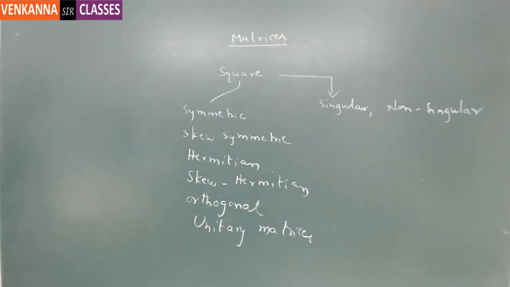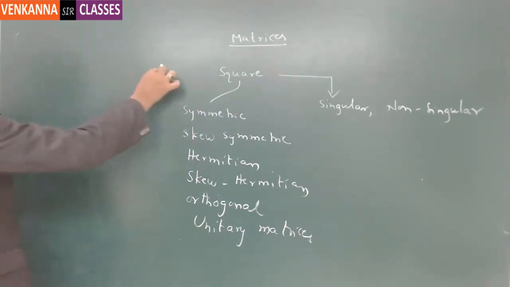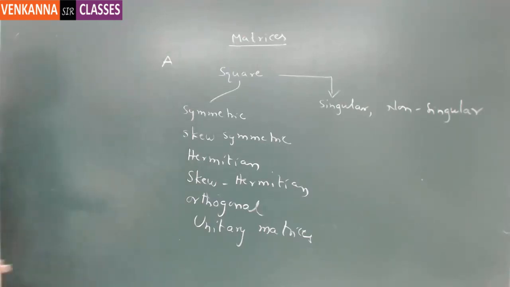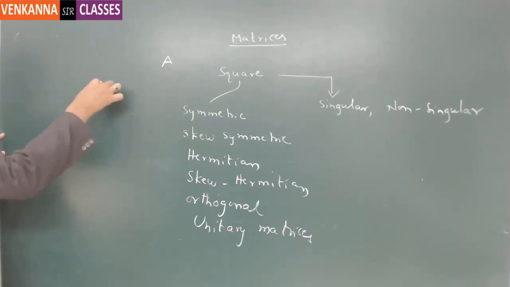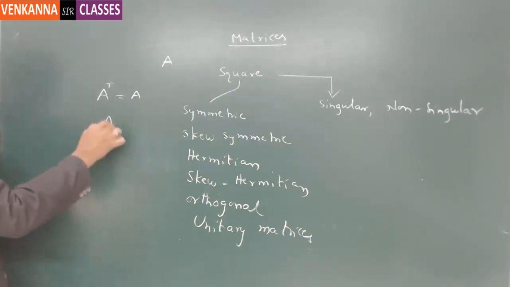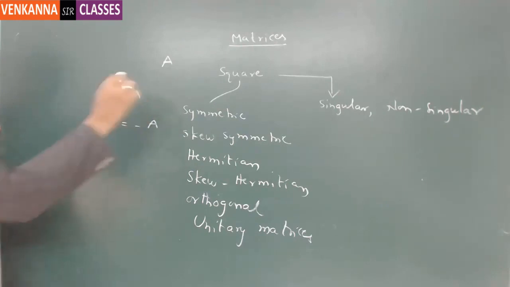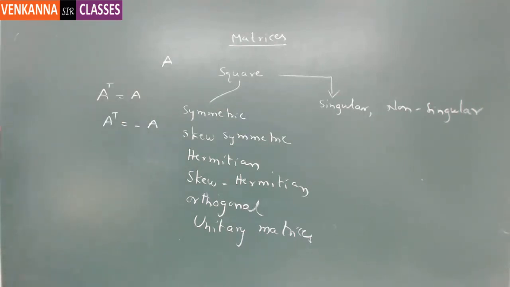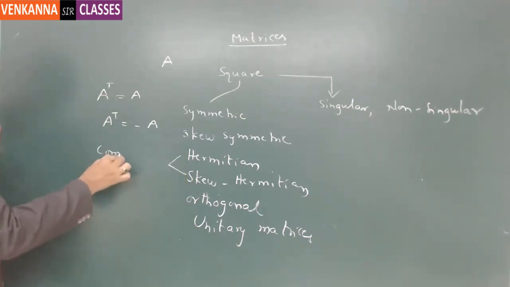So let us go back to the definition first. Suppose we have taken a square matrix A. We say that A is a symmetric matrix if the transpose of A is equal to A. For skew symmetric matrix, A transpose is equal to minus A. Hermitian and skew Hermitian matrices we call where the entries in the matrix are complex numbers.